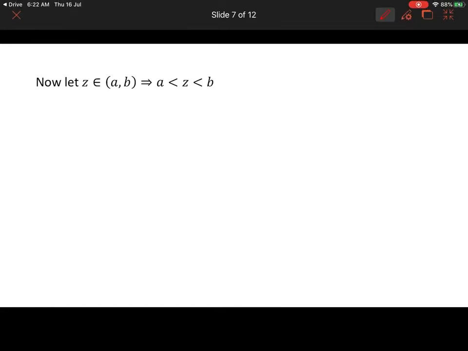Now I am taking Z as an element of the open interval AB. Z is in the open interval AB means A less than Z less than B. Now I am considering this part. A less than Z, or Z is greater than A. Who is A?